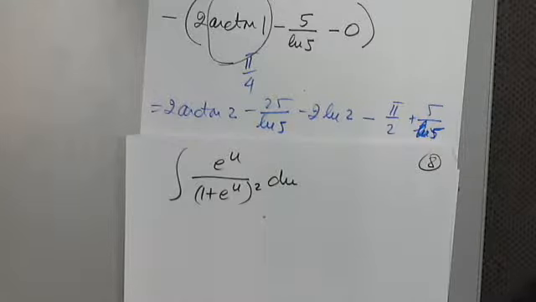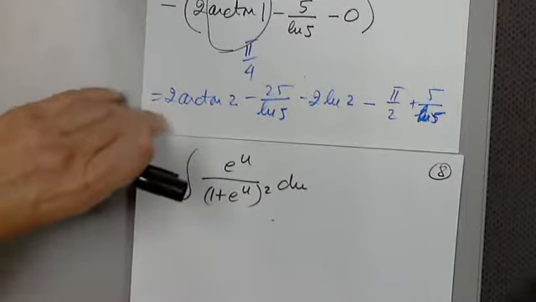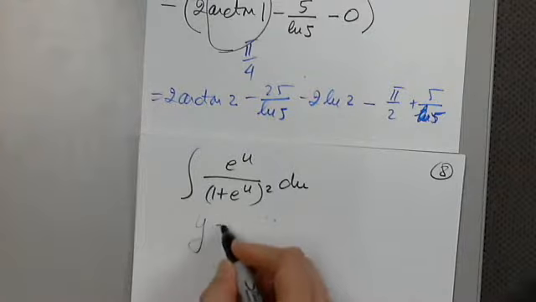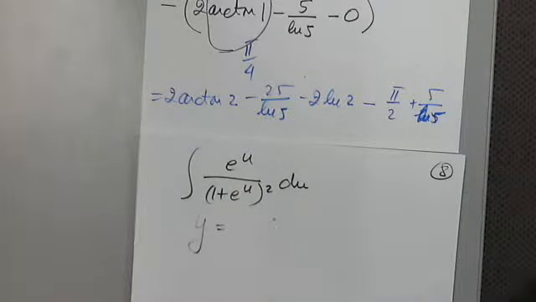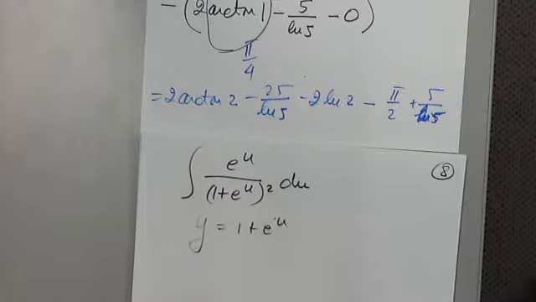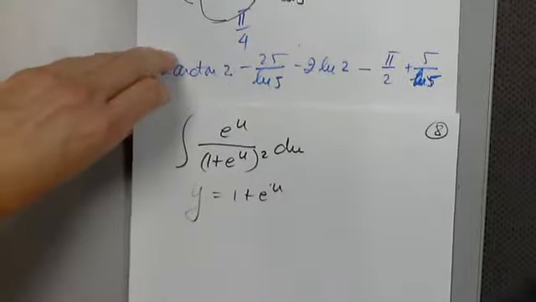Say it again. Y, or t, it doesn't matter. What would you like to get rid of? 1 plus. Exactly. Especially for two reasons. First of all, it's in the denominator, and if I have two terms or more in the denominator, I can simplify. And furthermore, it's inside the square, basically.